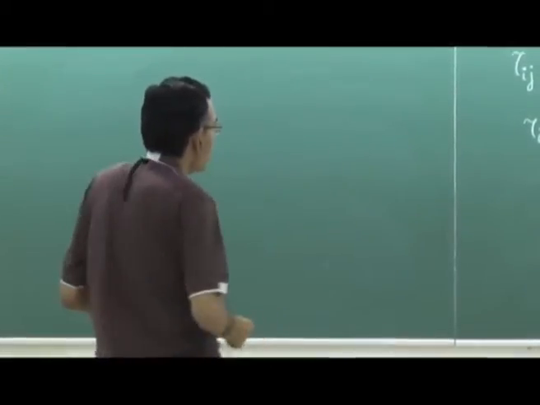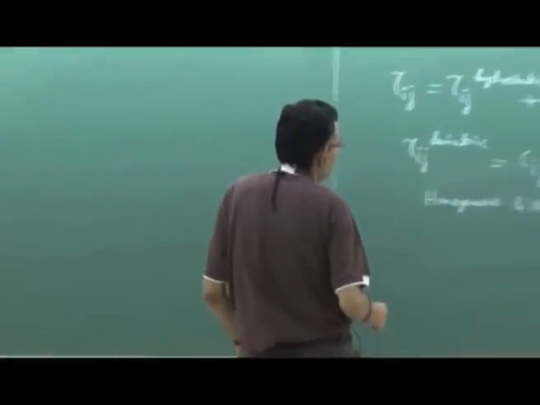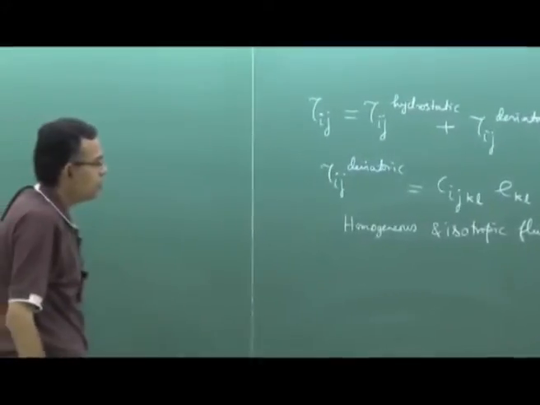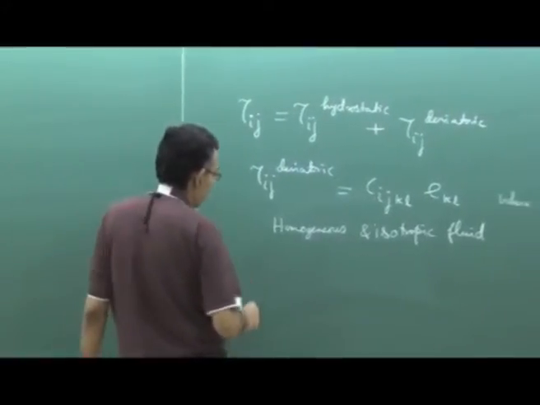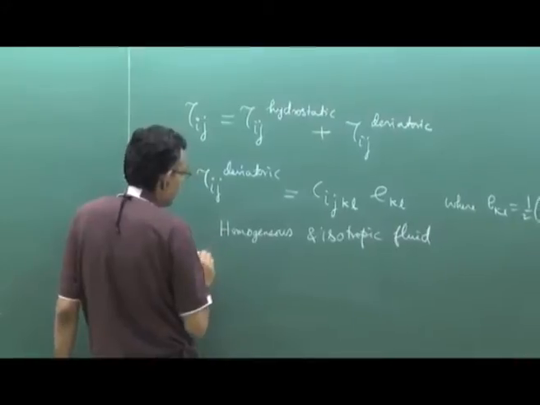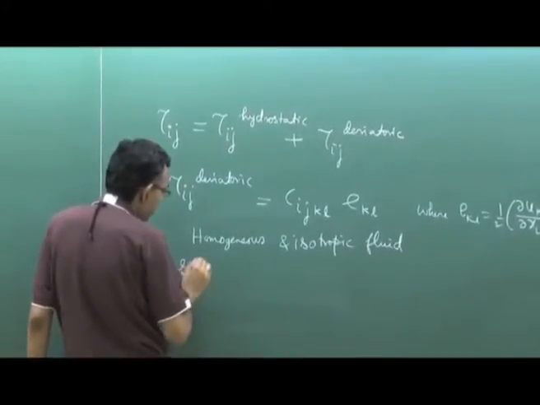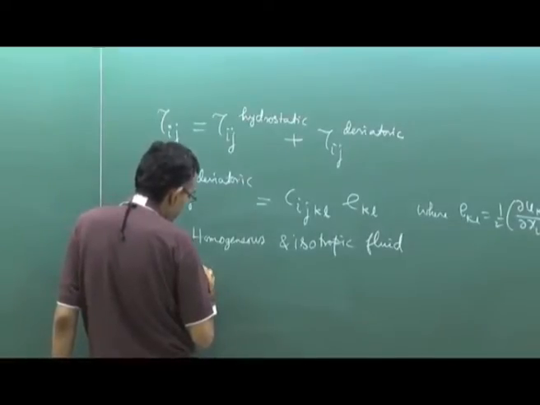If that is the case, then the number of properties can be reduced further. So, let us try to form a scalar S which is homogeneous and isotropic.